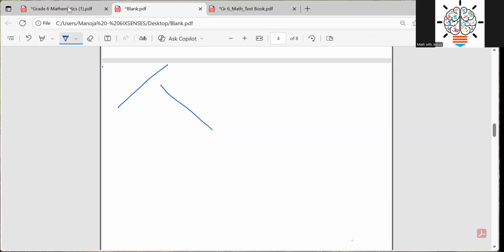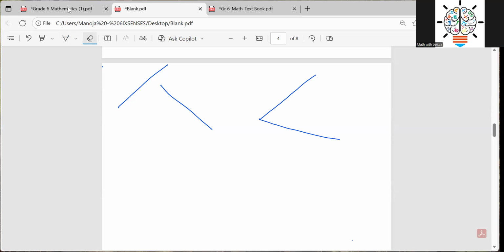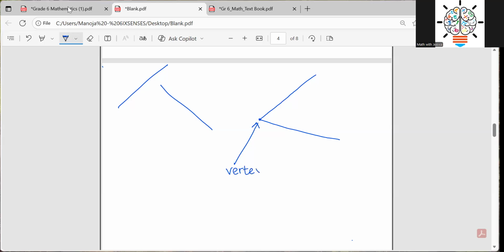But if I draw the same two lines like this, so that they are connecting each other, now can you see the relationship? Yes, I can see. You just see somehow it connects like this, and this one we call the vertex, this connecting point.